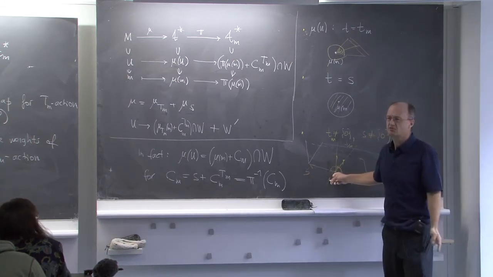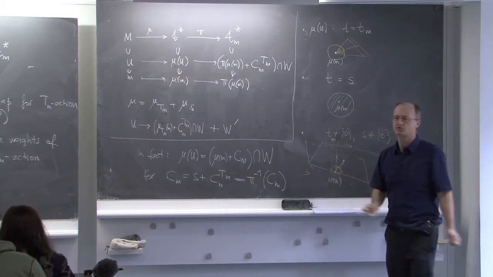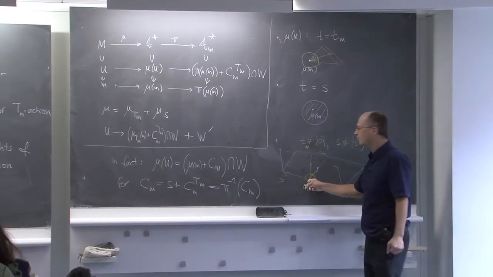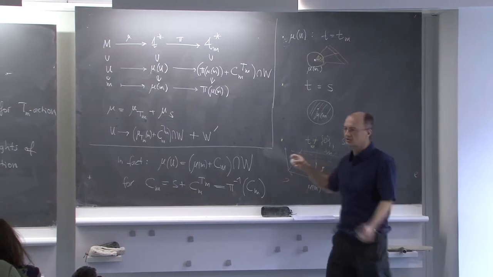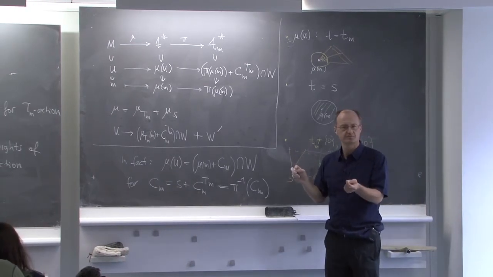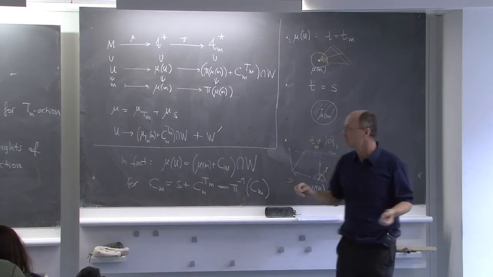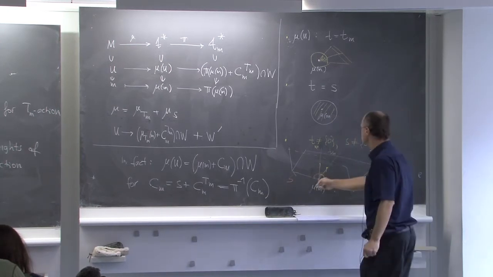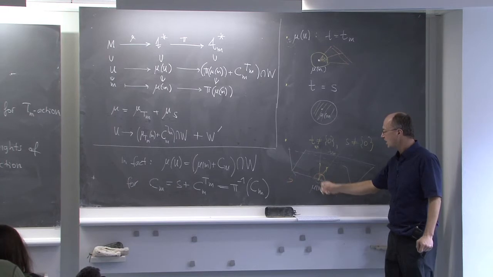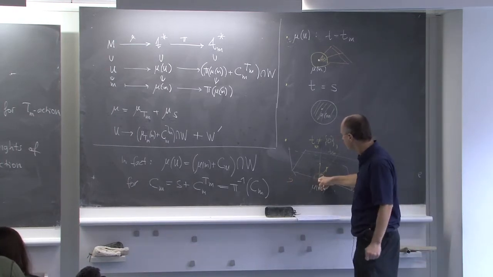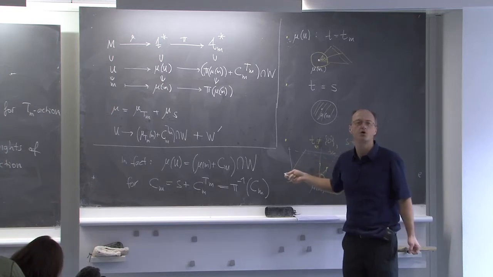Here, as I say, it was a little bit of a sketch and a little bit of cheating. So the local normal form around any point: you take a neighborhood of any point in your Hamiltonian T space, you map it to T star, and what you get is mu of m plus some polyhedral cone.